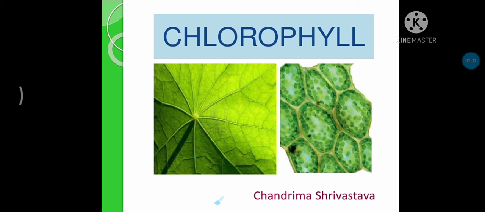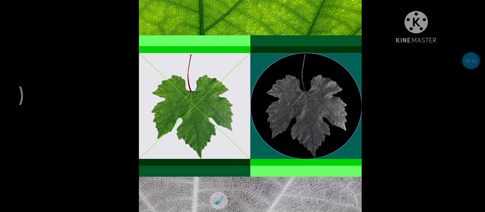Children, chlorophyll is very important to the plants. Do you know why? Because chlorophyll traps the sunlight which is needed for preparing the food. So, chlorophyll is very important. What if chlorophyll is absent in the plants?